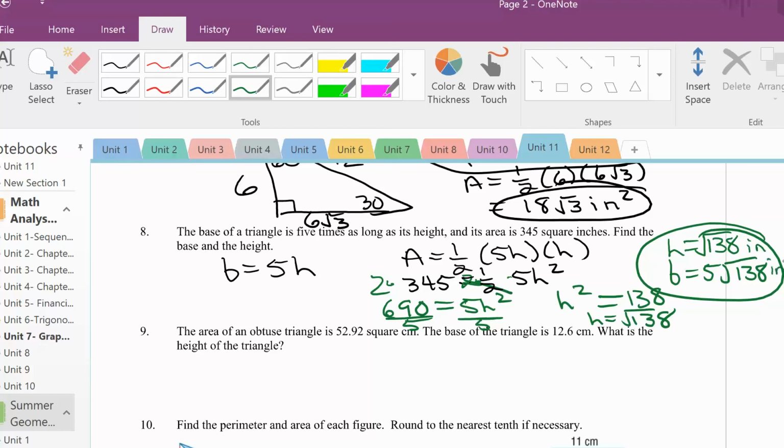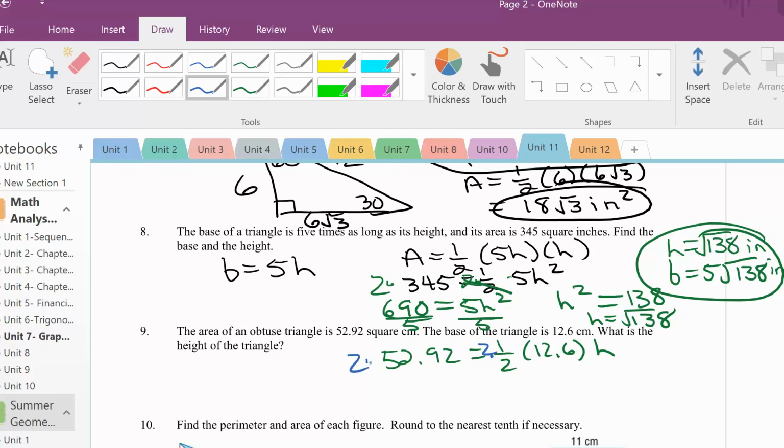All right, number 9, the area of an obtuse triangle is 52.92 square centimeters. If the base of the triangle is 12.6 centimeters, what is the height? So remember, 52.92 is the area, and that's 1/2 the base, which is 12.6, times the height. So remember, we're going to multiply by 2 on both sides.